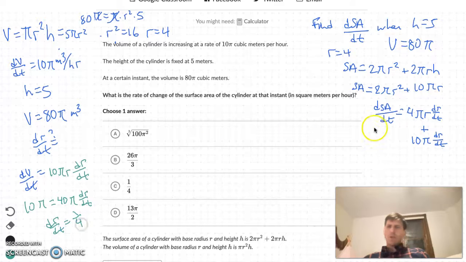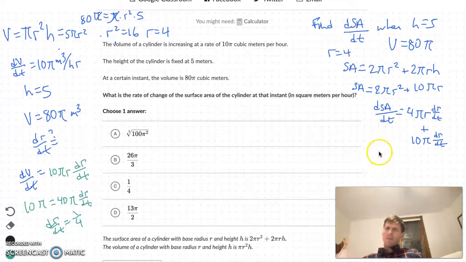So after all that work, I now have enough information to answer this question over here. Plug in: the derivative of the surface area over time is equal to 4 pi times 4 for the radius times 1/4. Oh, well, those just cancel out.